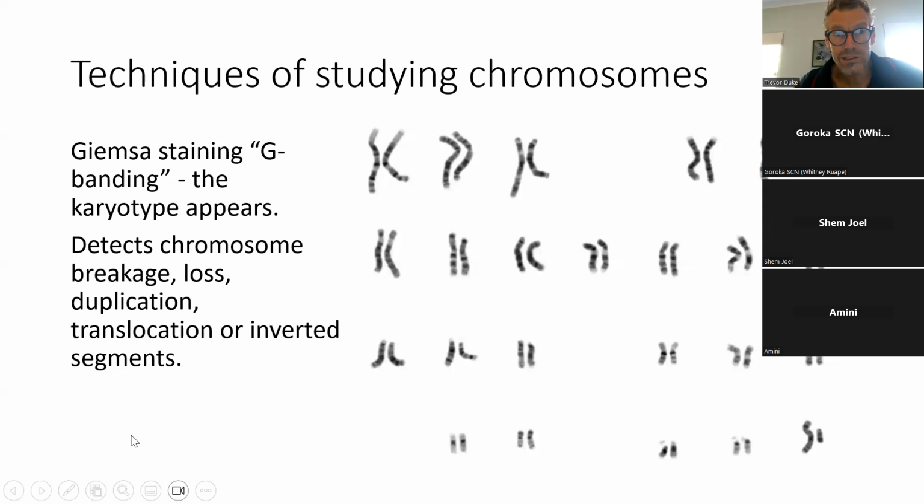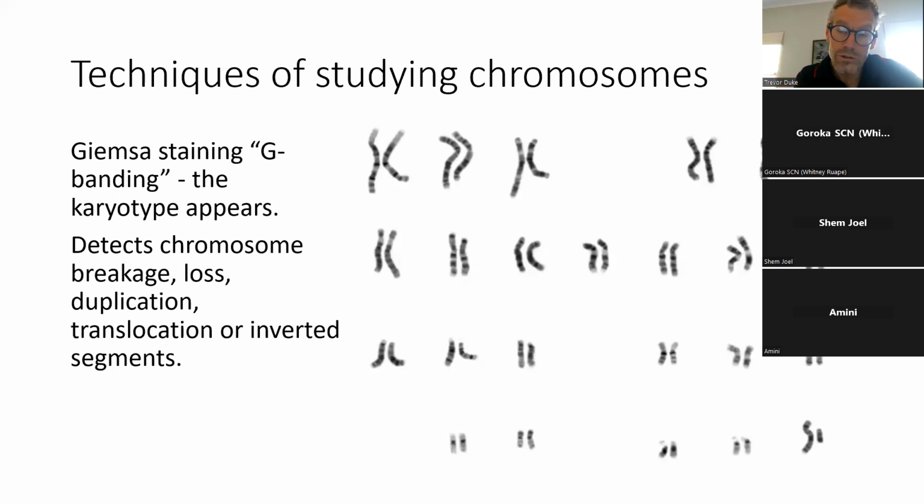This was the first method for studying chromosomes, and it's worth knowing about. Here the chromosomes are distributed as 22 pairs of autosomes and 1 pair of sex chromosomes. This is called Giemsa banding, and it enables light and dark bands to be seen on the chromosomes. This is a karyotype, an old-fashioned karyotype.